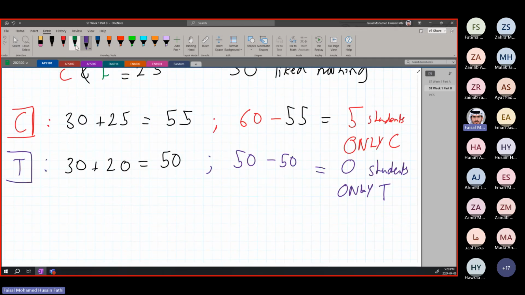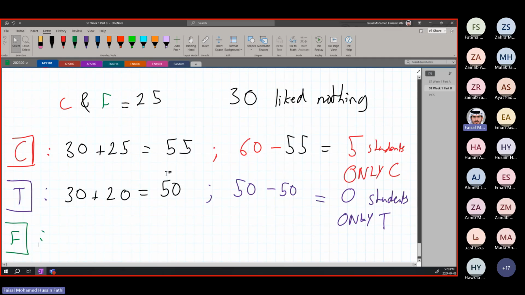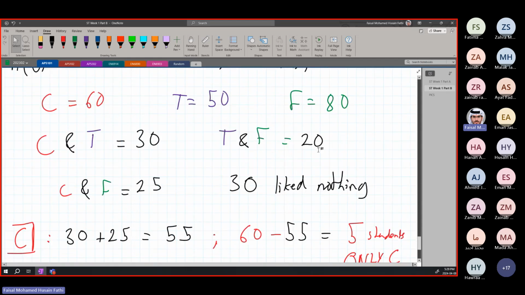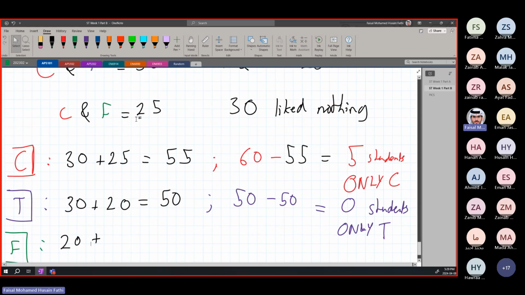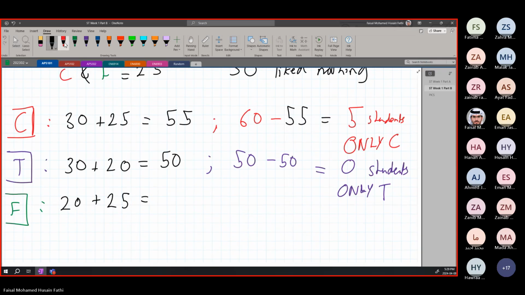And now let's look at the last one, which is football. Football has 80 people that love it in total, but let's look at the comparisons. We have football and tennis, which is 20, plus football and cricket, which is 25, so 20 plus 25 is 45.